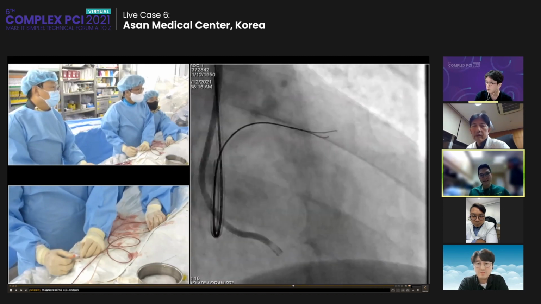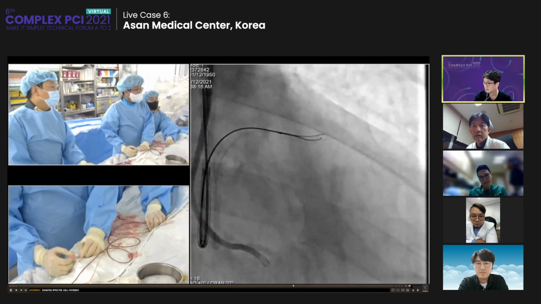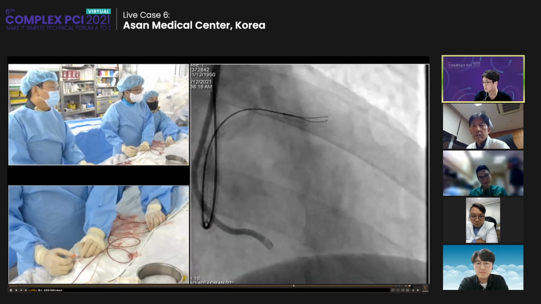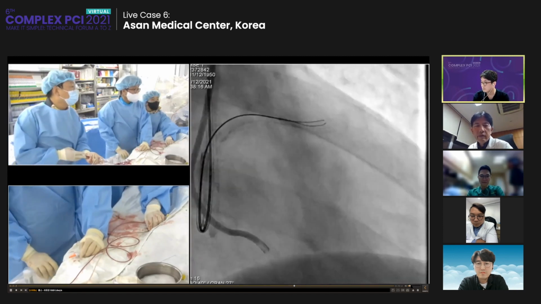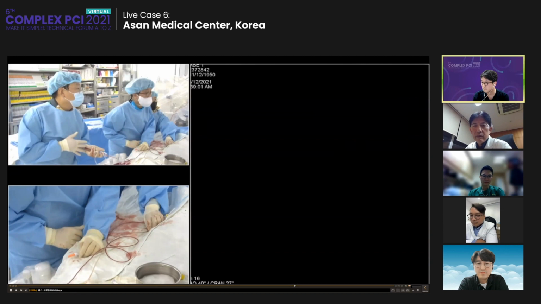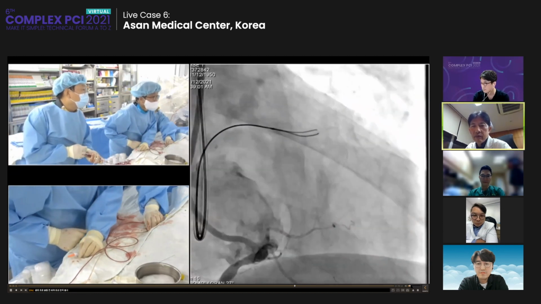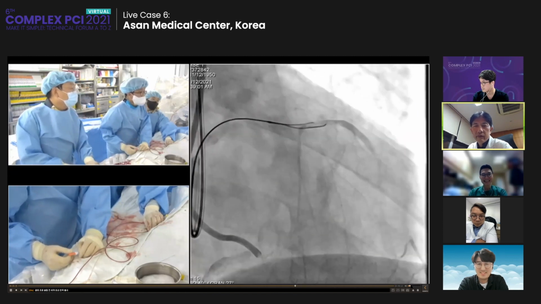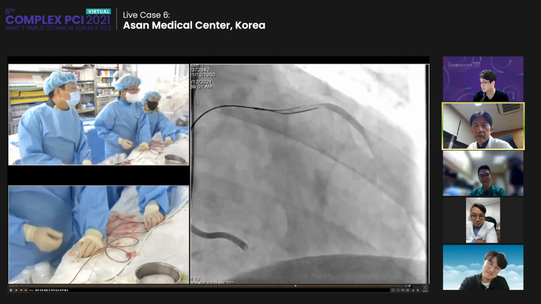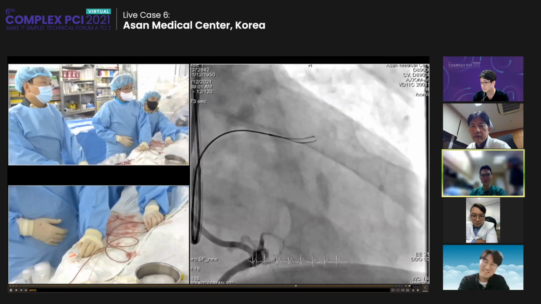Good point. So this wire is in an absolutely different position. I would like to check the right angiogram in this position. Yes, 1 millimeter below. Maybe, right? Because you need another view.